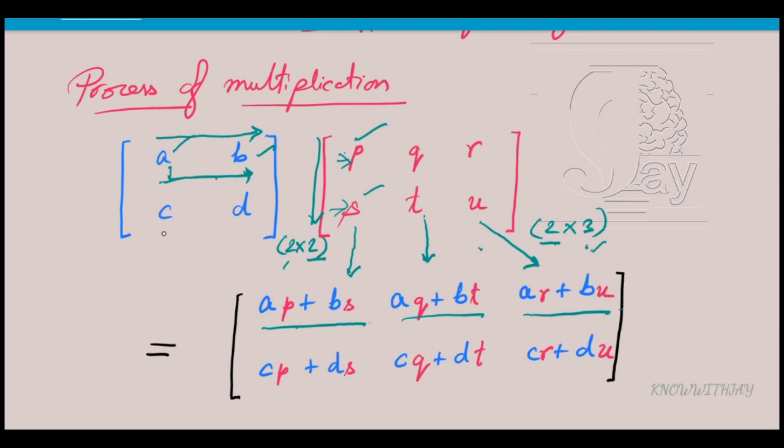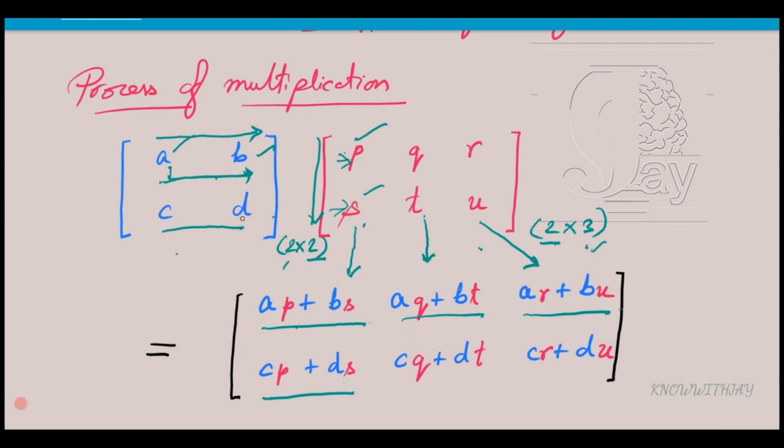Now we move to the second row of the first matrix. So C, D multiplied with the first column of the second matrix, we get the second row first column of the product. That's CP plus DS. Understood?